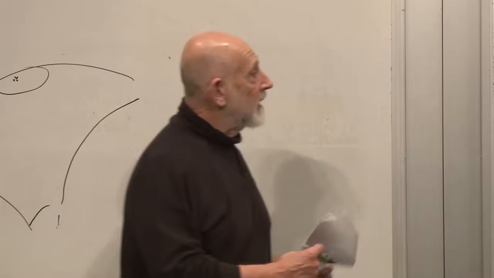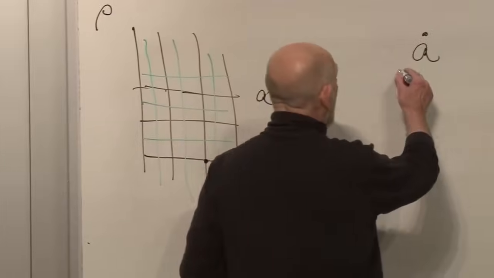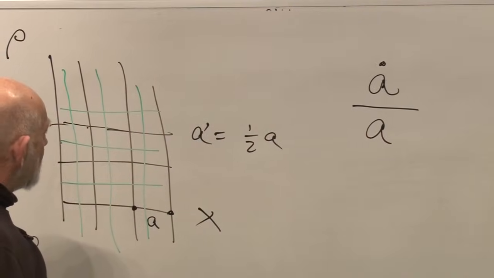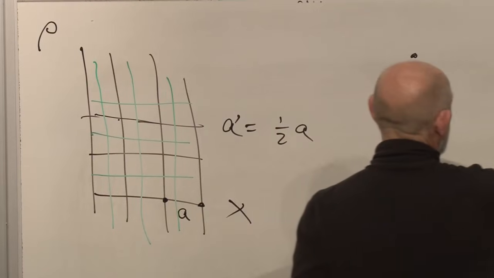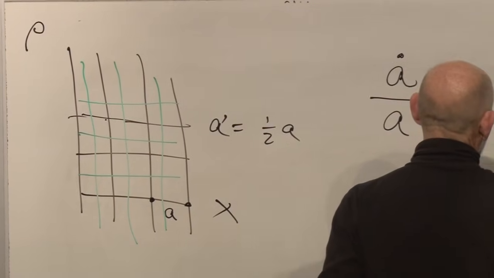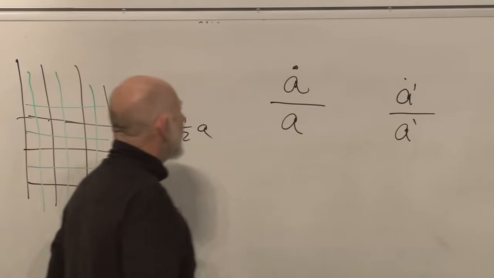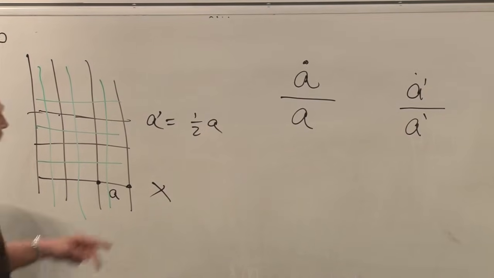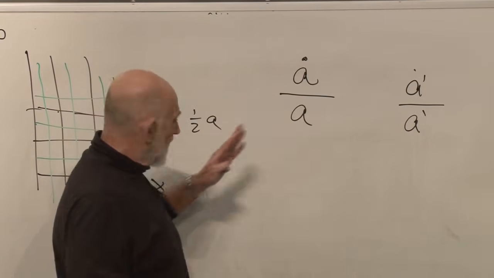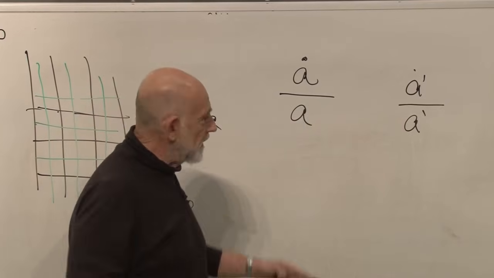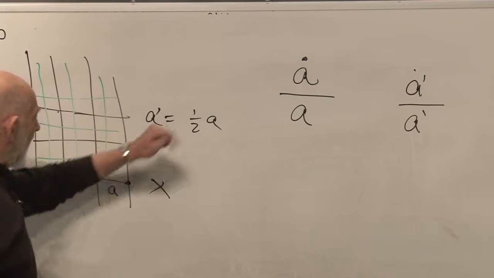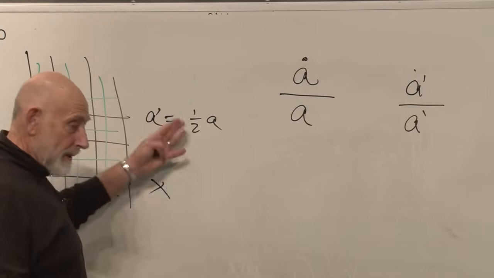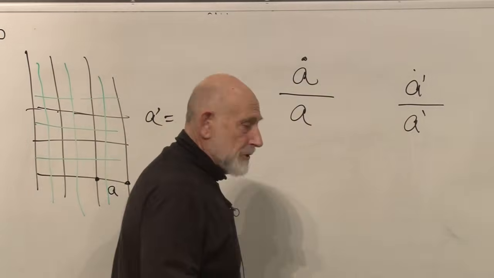On the other hand, if I take A dot divided by A, and compare it with A prime dot divided by A prime, they will be the same. They will be the same because the ambiguity in the scale of the grid will cancel out. A prime will be a half A, A prime dot will be a half A dot, you know what I mean? And the factor of 2 will just cancel out.